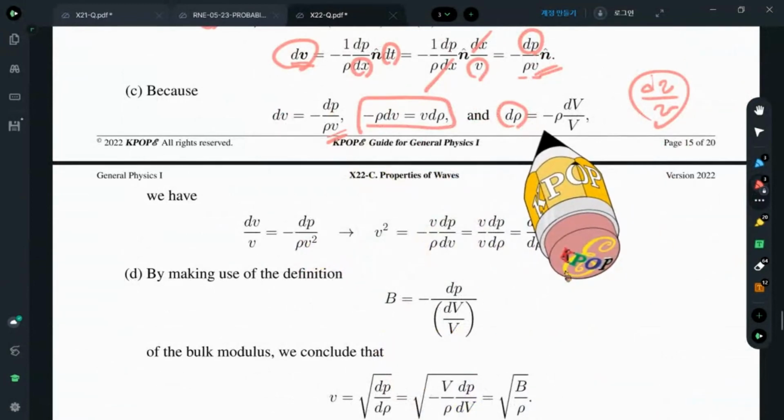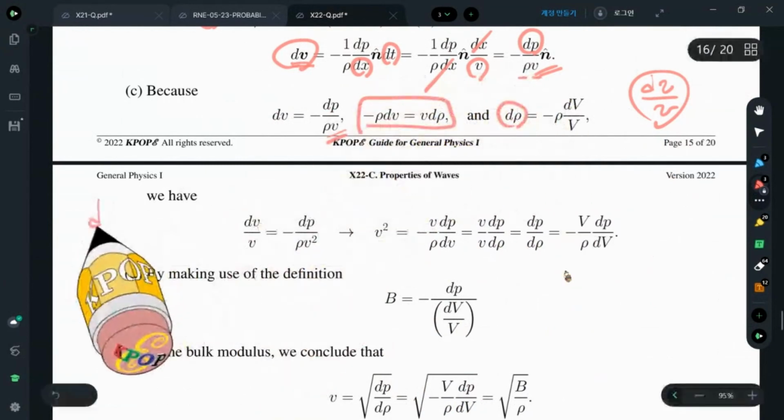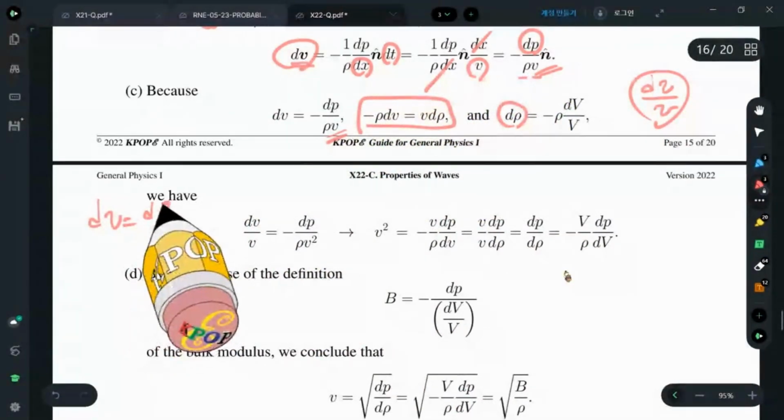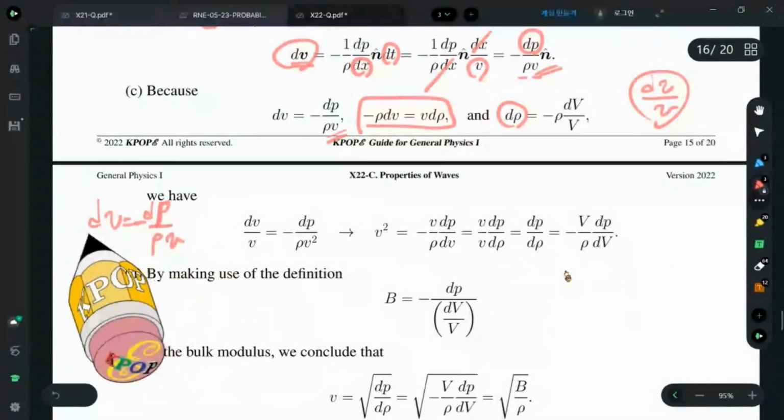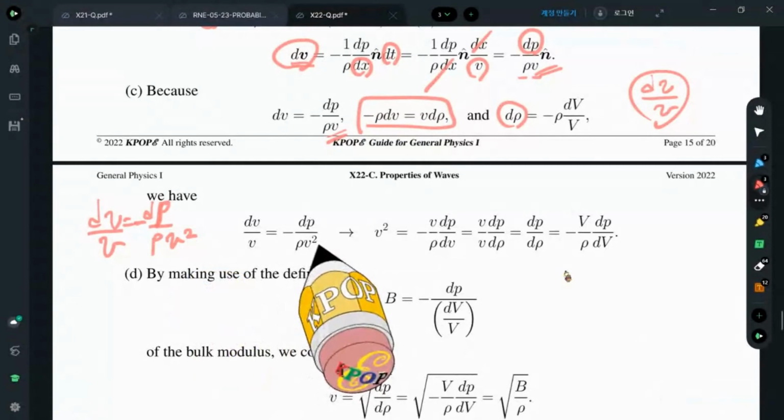Summarizing everything together, dv equals dp over rho v squared.